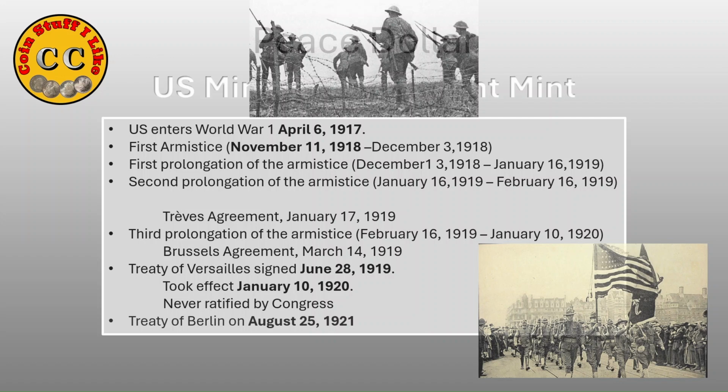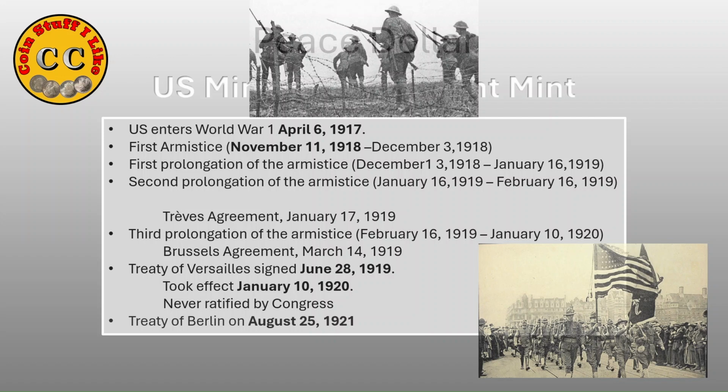So ultimately, the U.S. worked on a peace treaty specifically with Germany and signed the Treaty of Berlin on August 25th, 1921, which was when peace was official in the eyes of the U.S. in signing a peace treaty with Germany. So there are some date backgrounds.